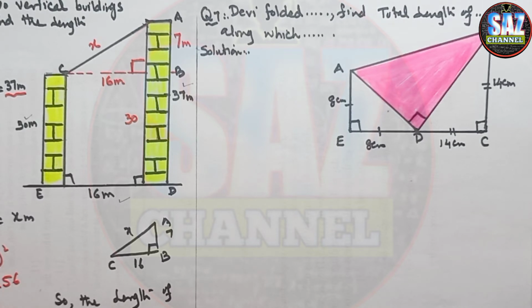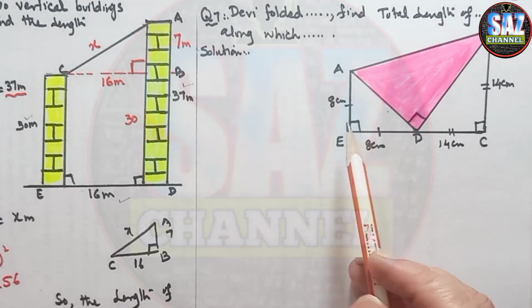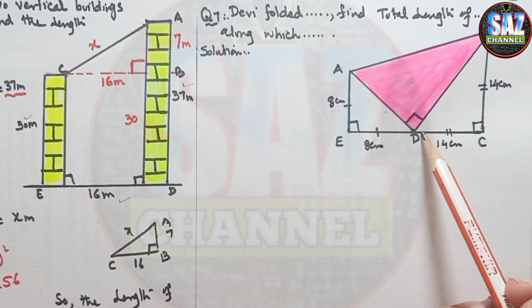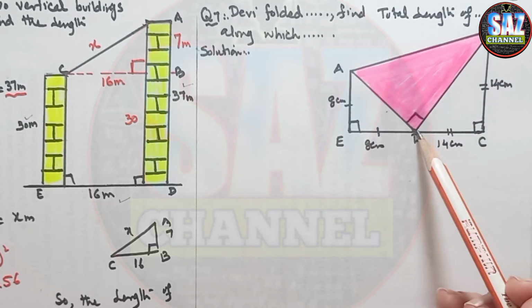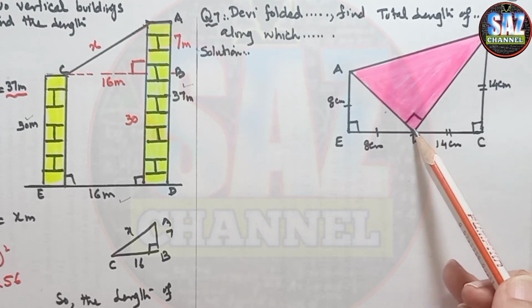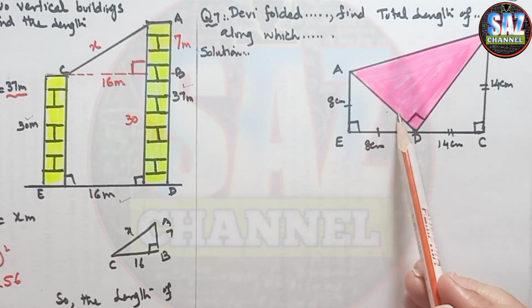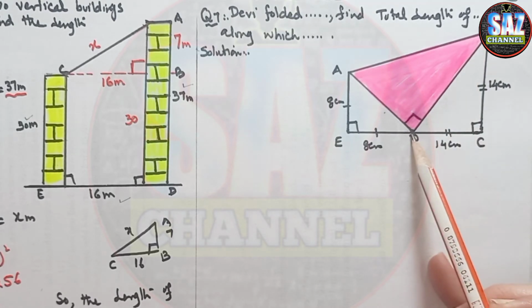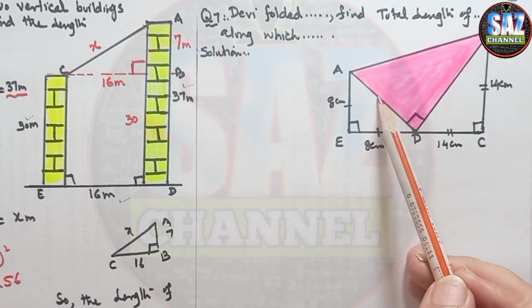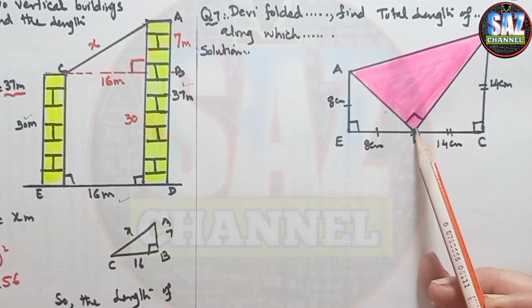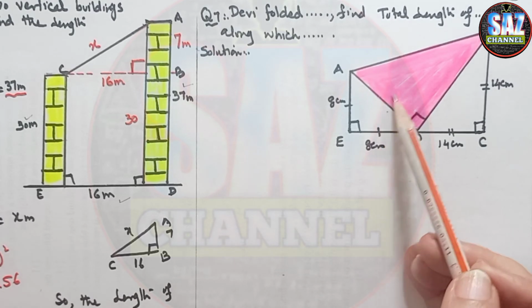The question is about the envelope, and here Devi has to put the glue along AD and DB, and we have to find the total length of the sides where she has to put the glue. Now in order to find that answer, we have to first calculate the AD length and DB length.